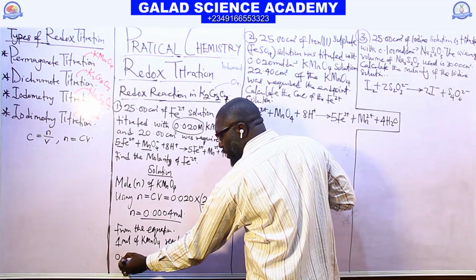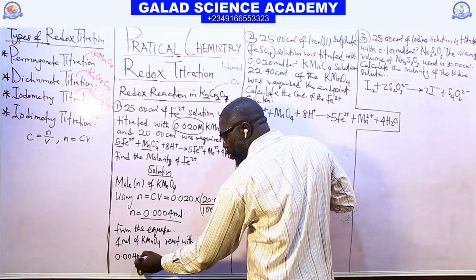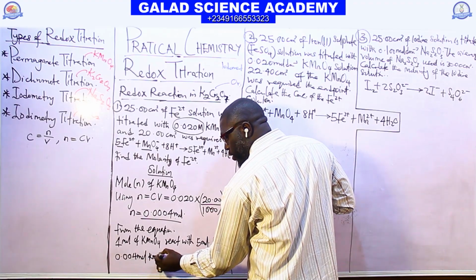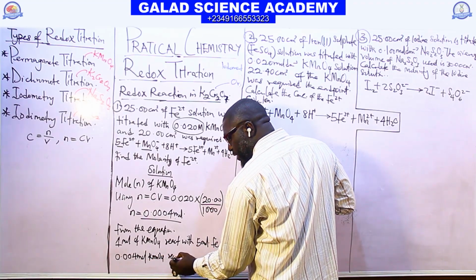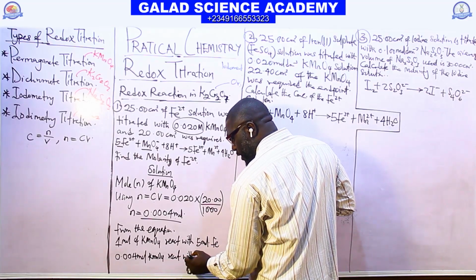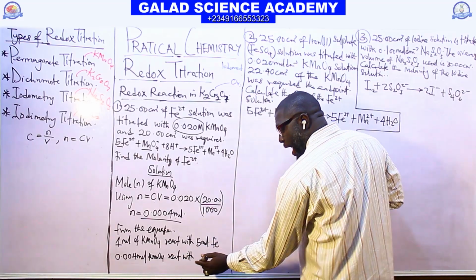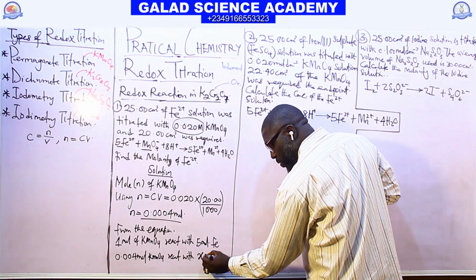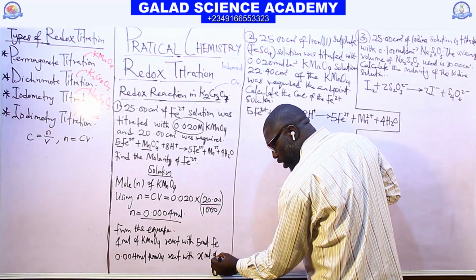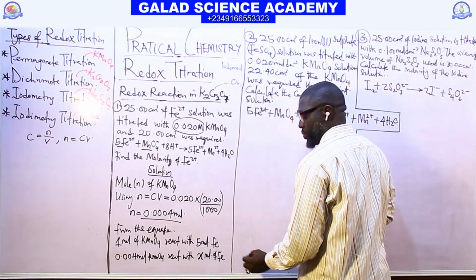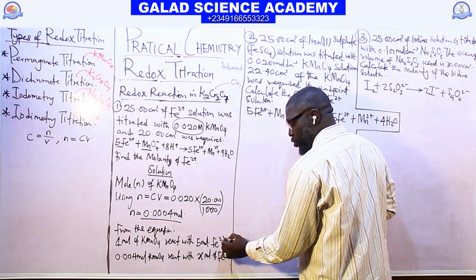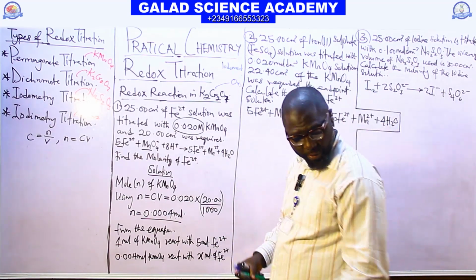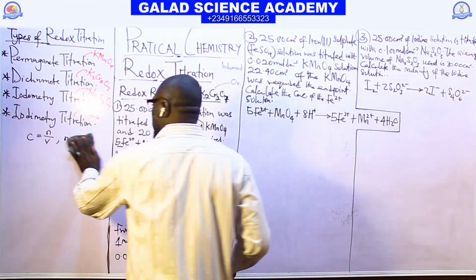It is 0.004 mole of KMnO4 reacts with x mole of iron 2 plus.